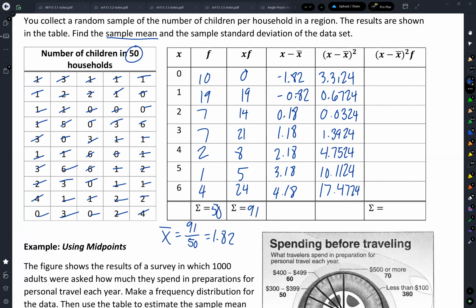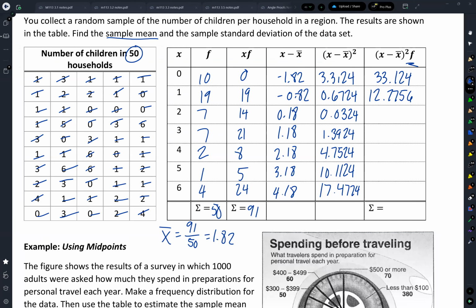Okay, now you see this next column. We're taking the previous column we've just done and multiplying by our frequencies. So this first one becomes 33.124 because it's 3.3124 times our frequency of 10. And from there, we just do the rest of the multiplication. 0.6724 times 19 is 12.7756.